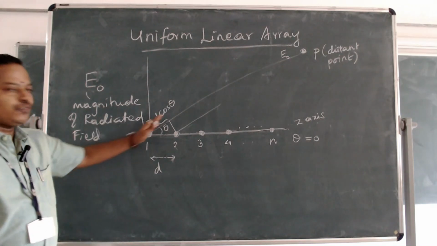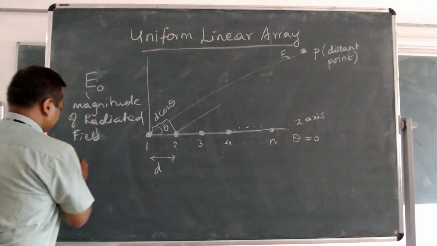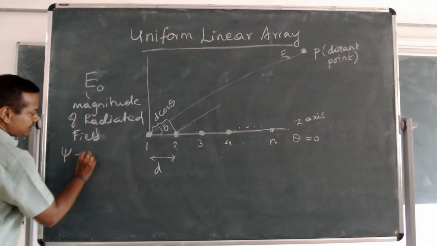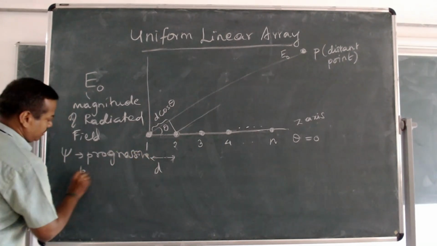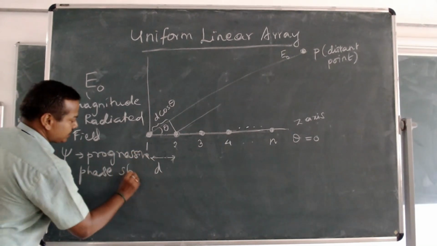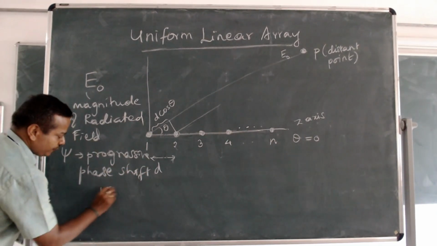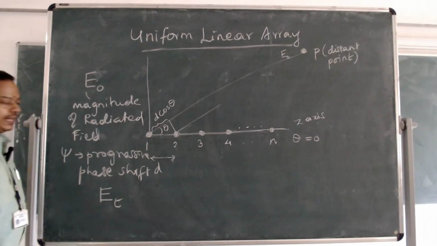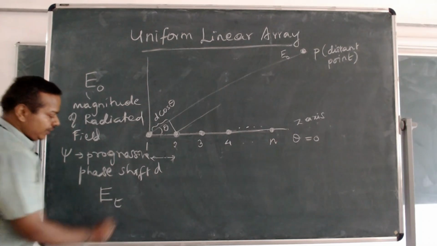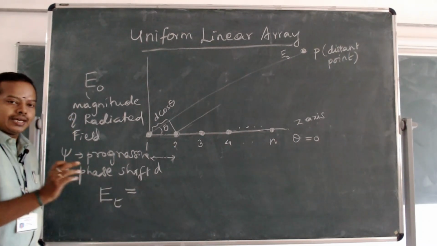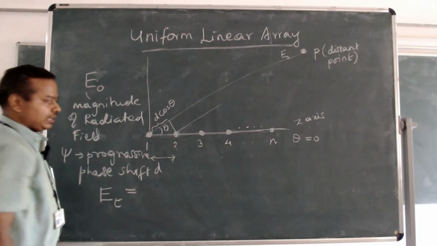The radiated field will have the progressive phase shift, and this progressive phase shift is denoted by psi. The total field radiated and available at the observation point is equal to the sum of the field created by each individual element.